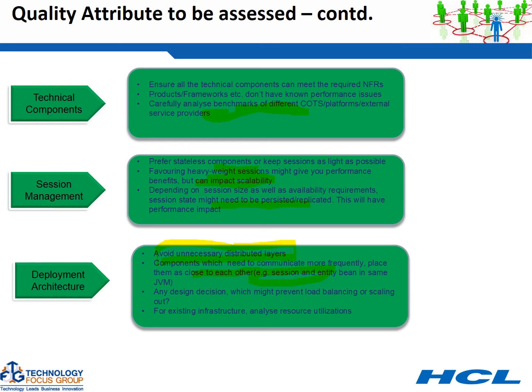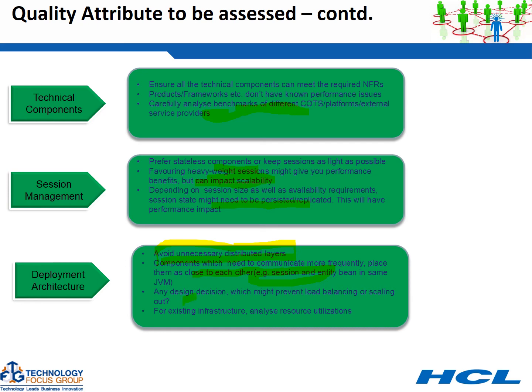For example, if your service layer is in a J2EE EJB, then the session bean and entity bean, which represent your model or data classes, should be in the same JVM to have the least latency or overhead. So you have to look closely at how you are actually deploying your artifacts onto the infrastructure.